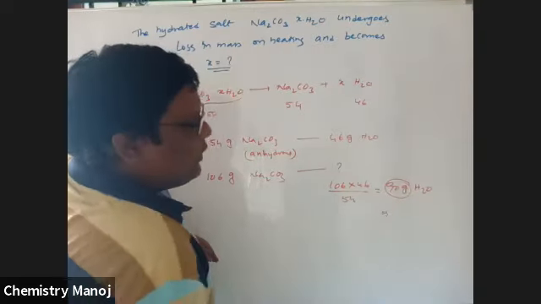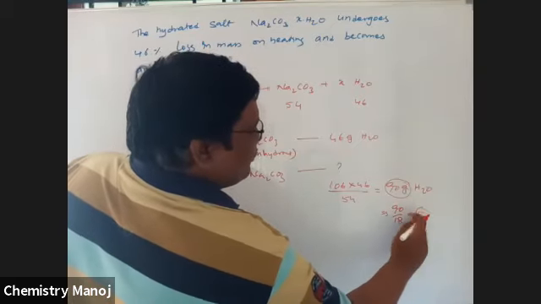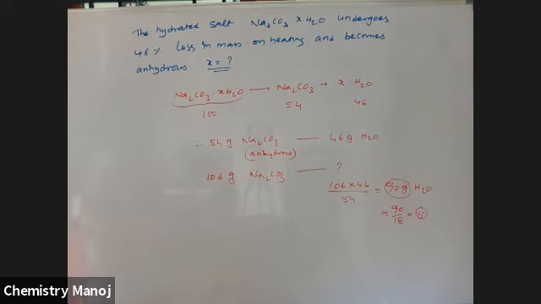Now 90 by 18, which is equal to 5. Therefore, X is equal to 5, and that is the number of moles of water. So very, very important, this model.